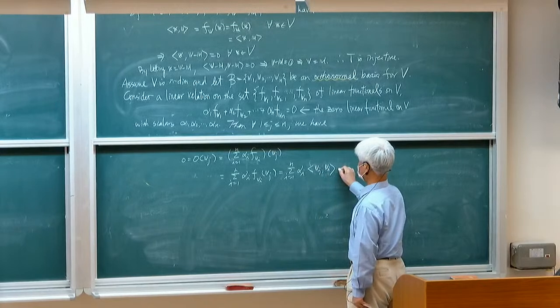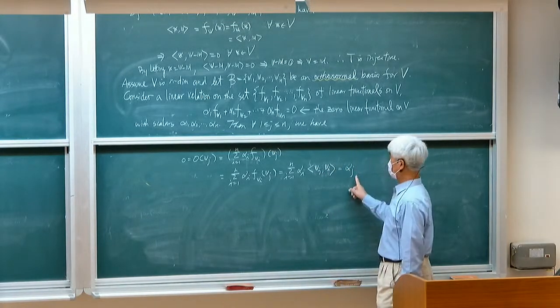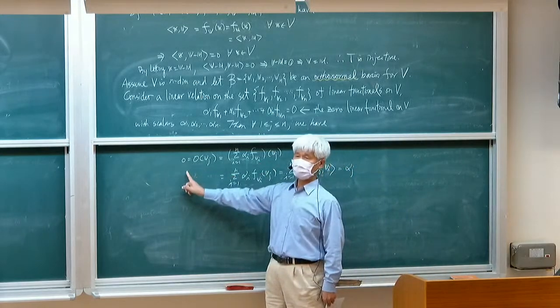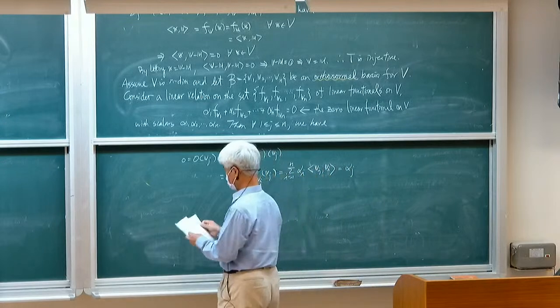So this is equal to alpha j. So alpha j is 0, immediately.